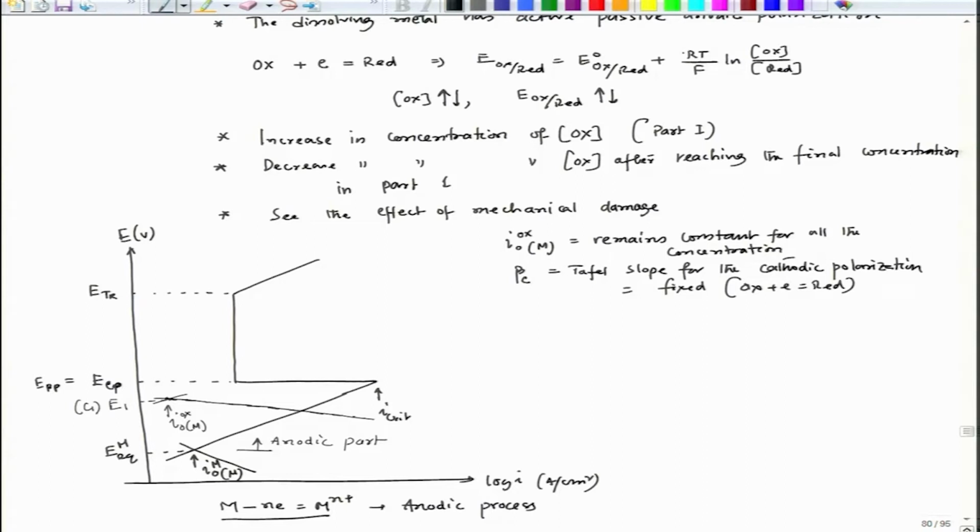So, if we keep changing the concentration, let us say concentration first increases, then this particular point will shift upward. So, it will shift like this.